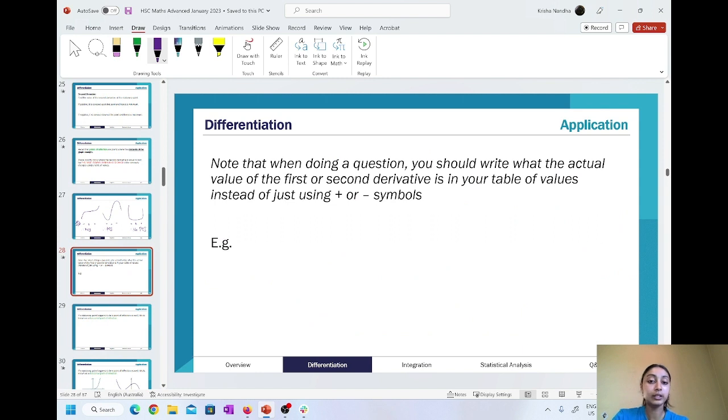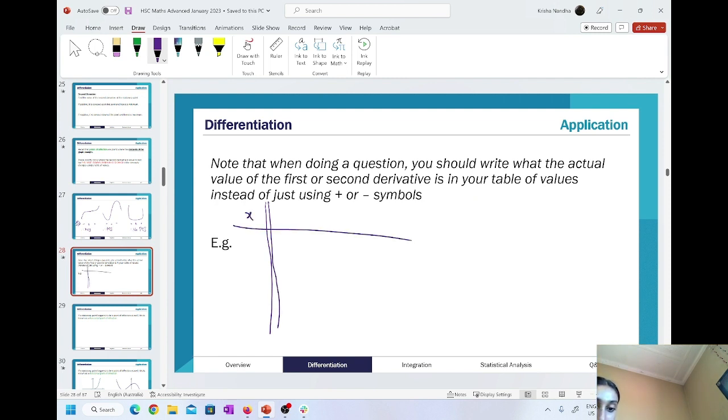Yeah, so we'll use an example. So this is x, so f double dash of x, and we have 1.9, 2, and 2.1. Okay, and I've just made up some random numbers: 0.12, 0, negative 0.12. Okay, so this is concave up, this is 0, and this is concave down.